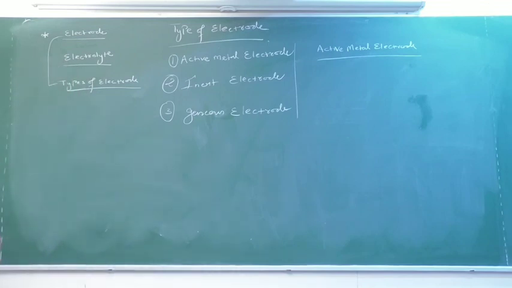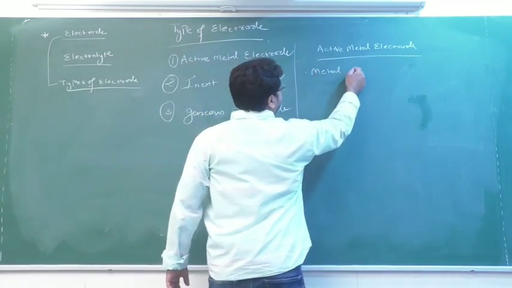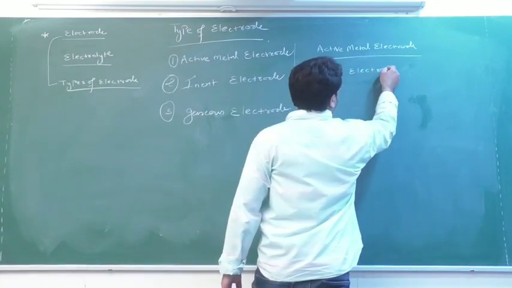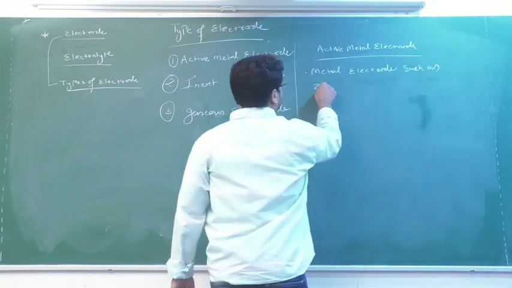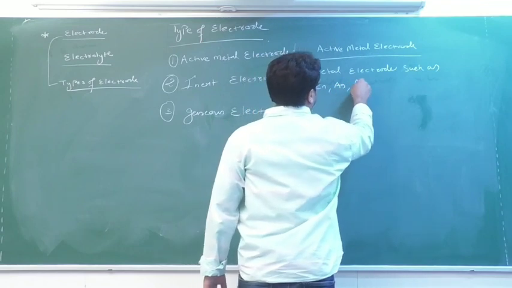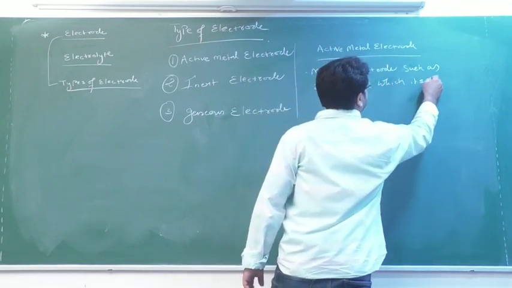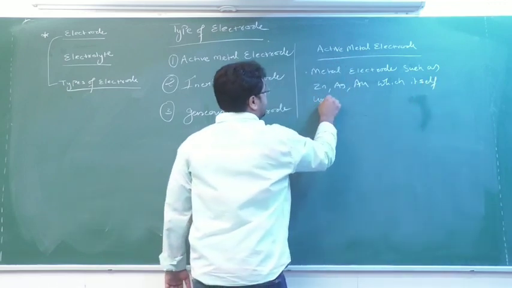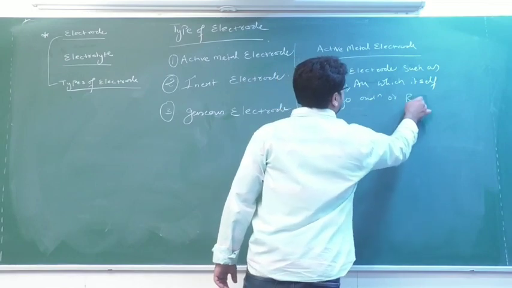Metal electrodes such as zinc, Ag, Au, which themselves undergo oxidation or reduction.